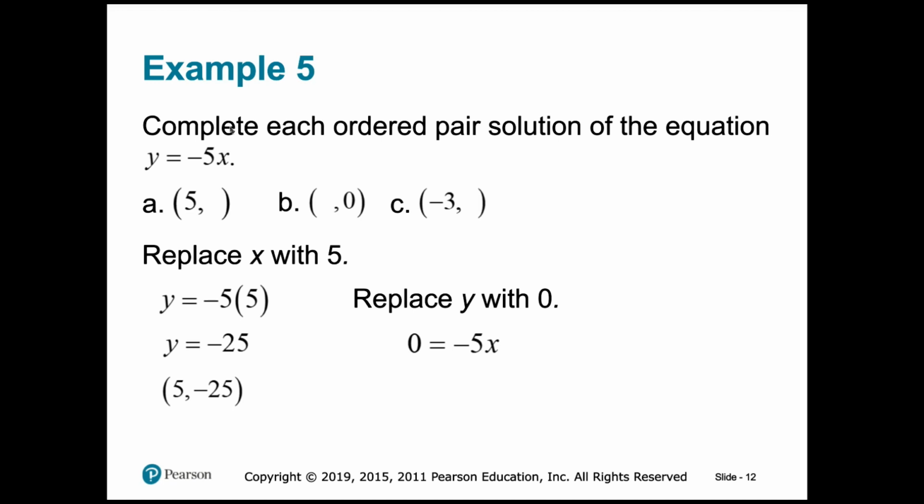These over here are multiplying. So I have to do the opposite and divide by a negative 5. 0 divided by negative 5 is 0. So my x value is 0. So that point would be 0, 0. So we're solving these just like we did when we were working with algebra.